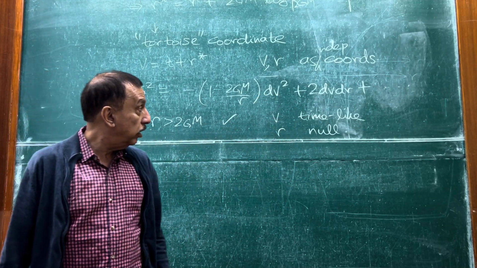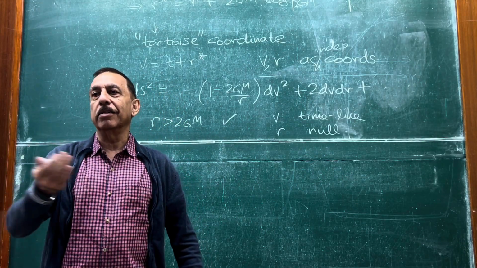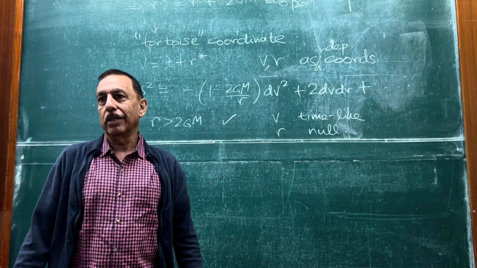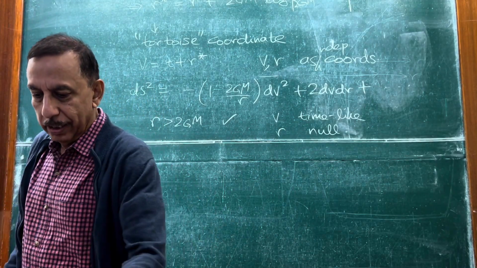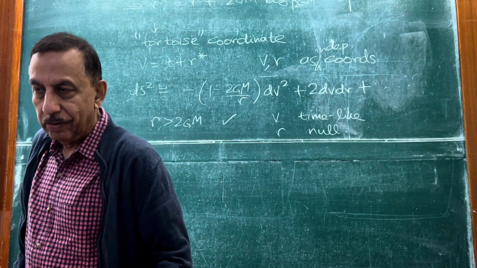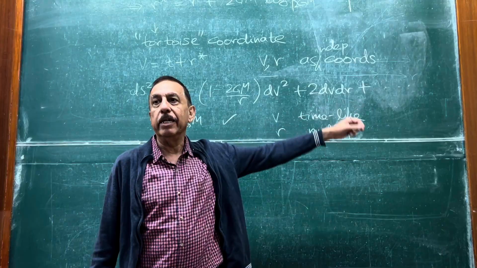Now it's very weird, and it takes a lot of getting used to, that we have a radial direction, but it's null. It's just a fact of these coordinates, some kind of artifact of these coordinates, because there's no dr squared term in the metric.